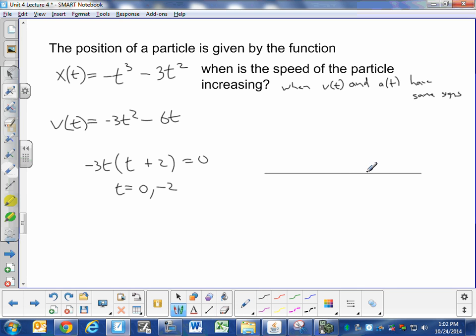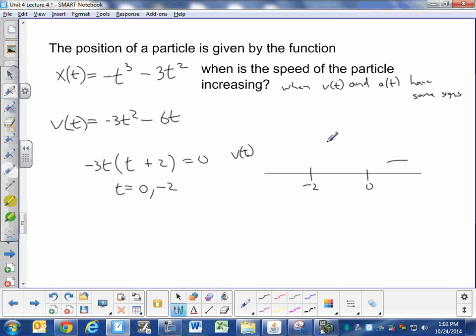Well, this gives me the signs of V. I look to the right of 0. I got a positive times what would be a negative, actually. So this is a negative. I look between 0 and negative 2. That's a negative times a positive.